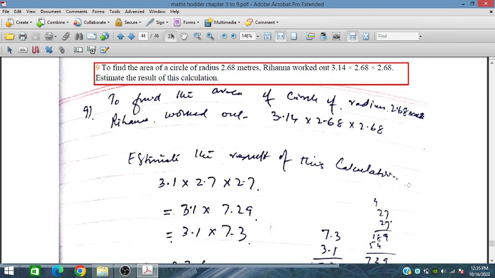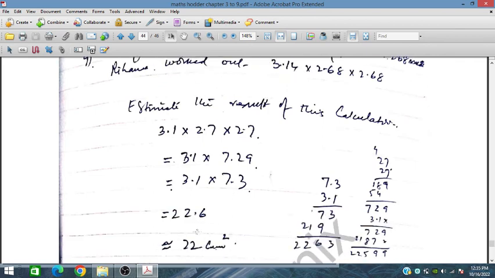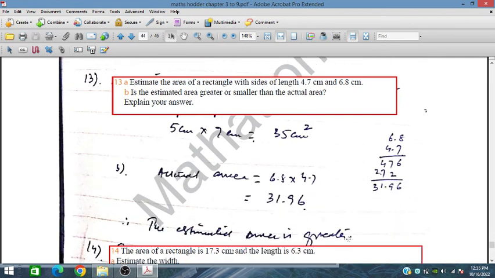Find the area of a circle of radius 2.68 meters. Rihanna worked out this. Estimate the result of this calculation. So this is just 2.7, 2.7, and this is 3.1. So it's easy. It resulted in approximately 22 or 23 centimeters squared. The same for the rectangle area, this is 4.7 and 6.8, so considered as 5 and 7.